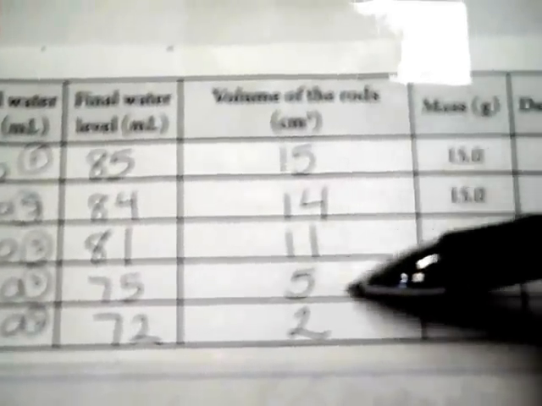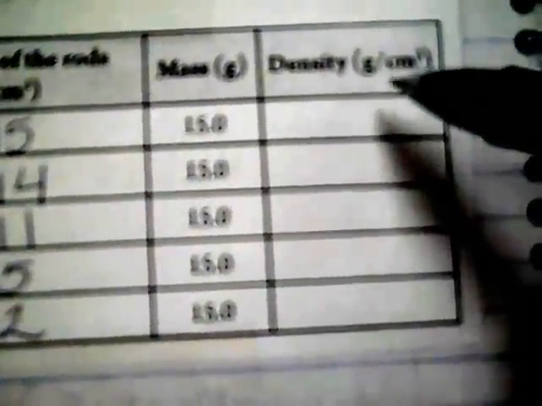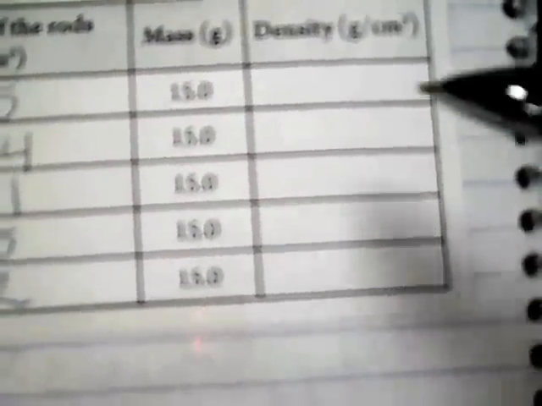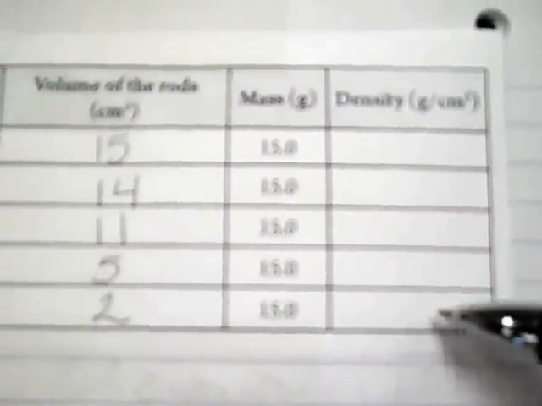So as the objects got smaller, what do you notice about the volume? Got smaller as well. So let's now calculate density. Now again, density is mass divided by volume. The volume's been converted into centimeters cubed. So I'll work the first one with you, and then I'll leave you on your own for this. So in terms of our first volume, it's 15, and the mass is 15.